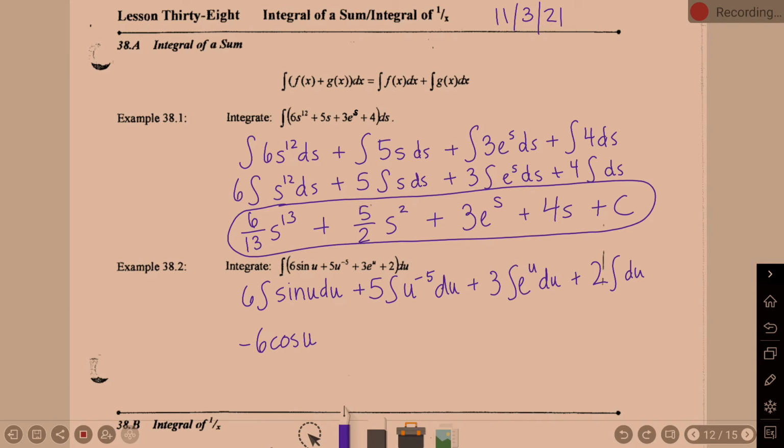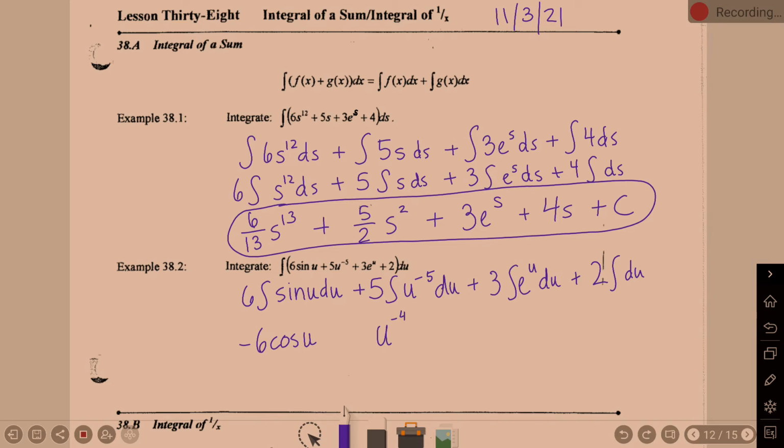Plus, there's a 5, integral of u to the -5th. So that would be 5 over -4. Okay? So u to the -5th, when we add 1, becomes u to the -4th. So then you're dividing by -4.